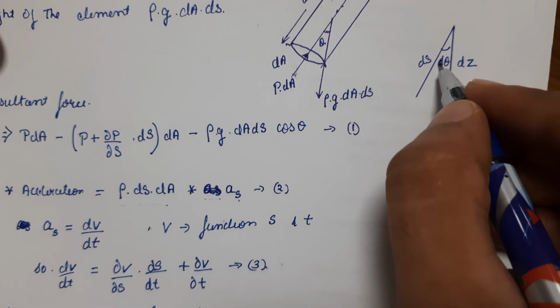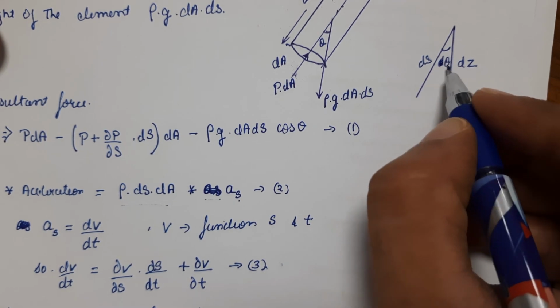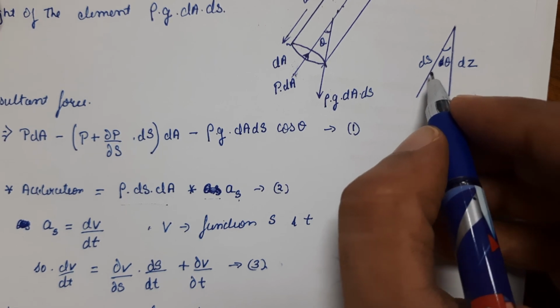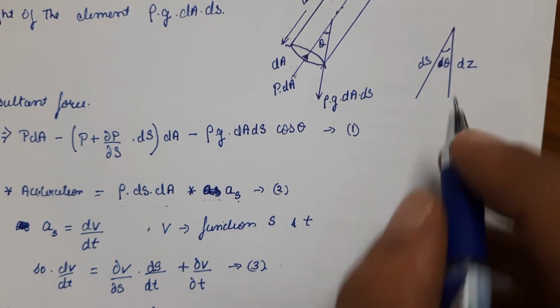Now here, this is theta and this is ds, so cos theta is nothing but dz by ds. So substitute that with dz by ds.